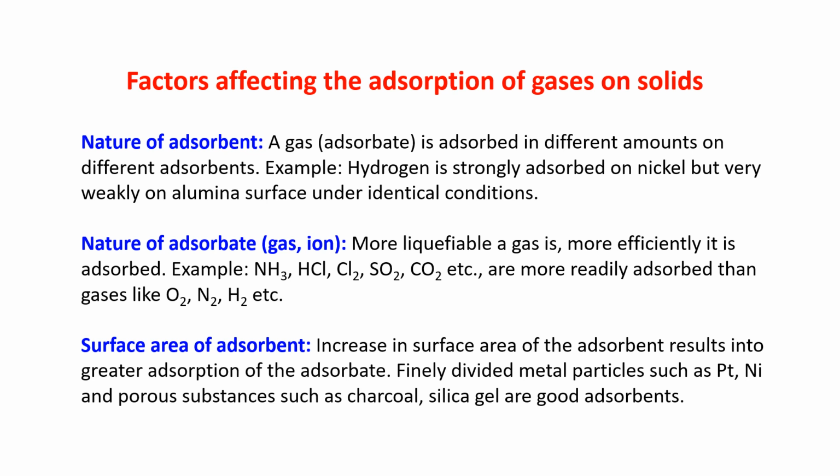Surface area of adsorbent. You all know that an increase in surface area of the adsorbent results in greater adsorption. Finely divided metal particles such as platinum and nickel, and porous substances such as charcoal and silica gel, are good adsorbents.